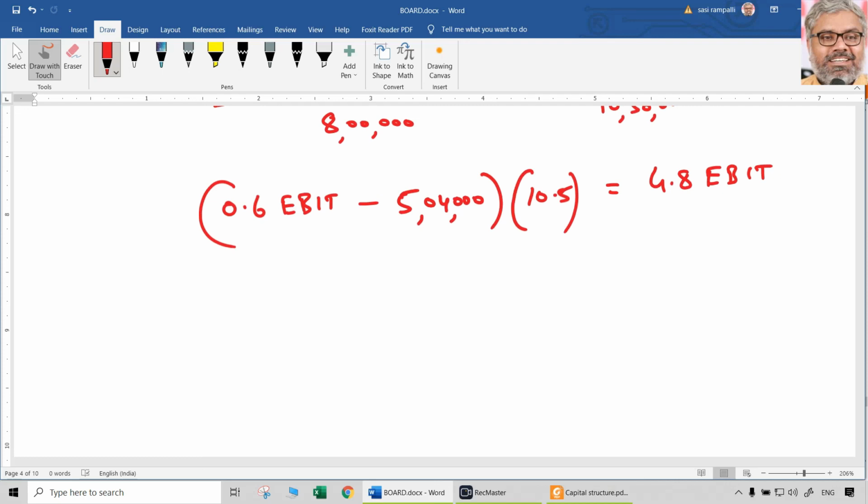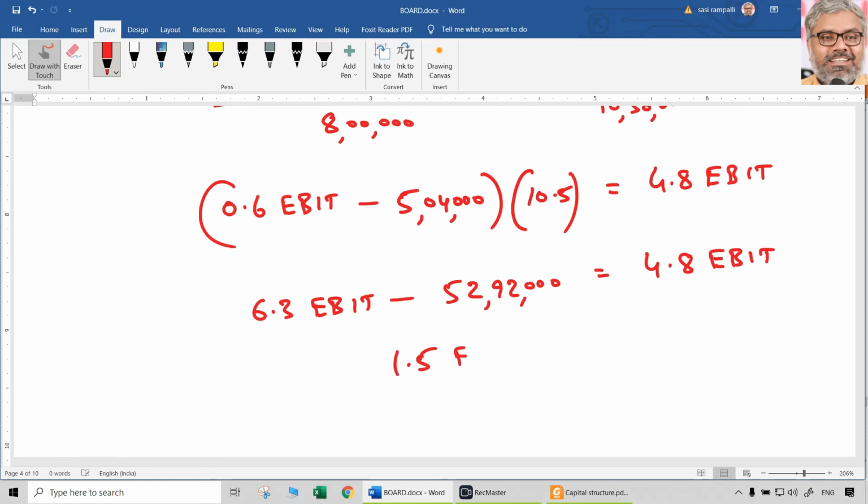Now 10.5 multiplied with 0.6, 6.3 EBIT minus 5,04,000 into 10.5, 52,92,000 is equal to 4.8 EBIT. So bring that 4.8 to this side. 6.3 minus 4.8 will be 1.5 EBIT, equal to 52,92,000. So naturally, how much will be EBIT? 52,92,000 divided by 1.5.